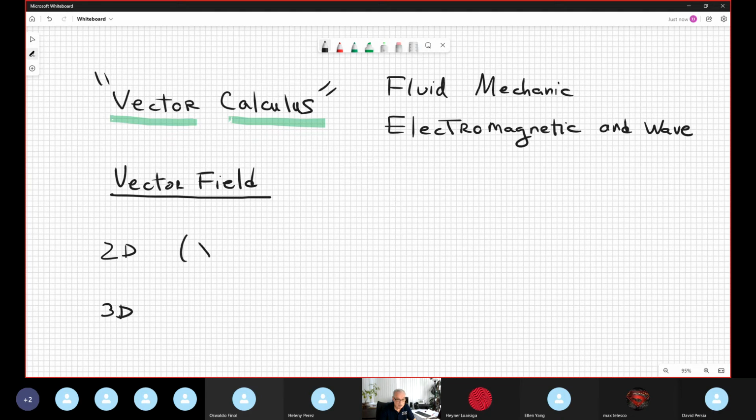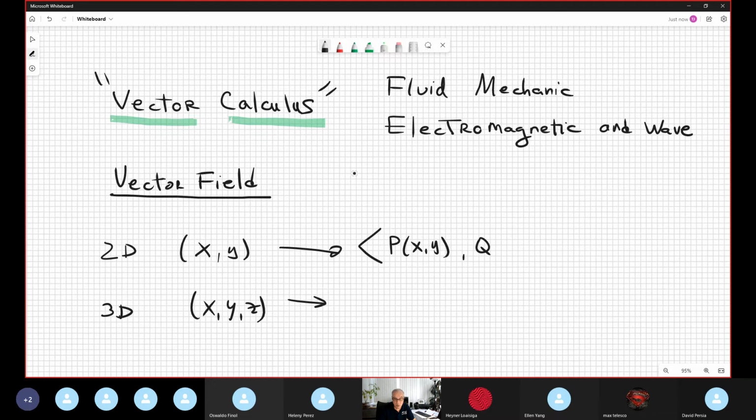In 2D it's the classic x, y, and in 3D it's x, y, z. You associate this point to a vector. Let me show you the same notation we're using: P(x, y), Q(x, y). This is a vector. This is the first component, and this is the second component of the vector field.